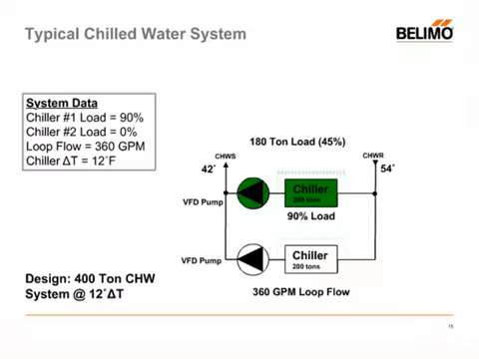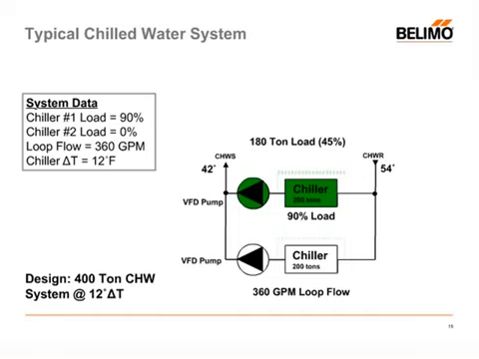So what's the impact on a chilled water plant? Here we have a representative schematic of a 400-ton chiller plant. In this instance, you have two chillers. Each is responsible for 200 tons of cooling effect.